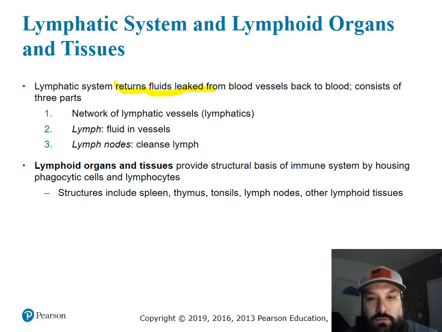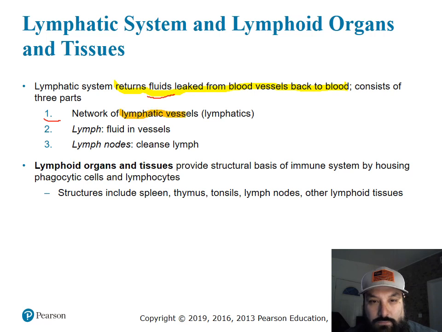Okay, so fluids leak back from blood vessels back to blood. We're looking at fluids from where? We're talking about the interstitial fluids that are bathing cells. So what is it consisting of? Number one, lymphatic vessels.